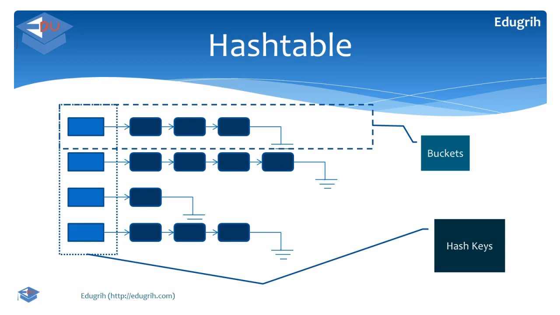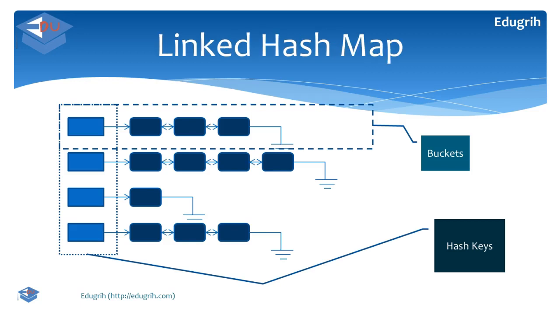Now in case we need an ordering in this hash map, what do we do? For that particular problem, we have another data structure, the linked hash map. How is it different from the regular hash maps? It's the same, as it is a hash table based map, but in this case the buckets are different.